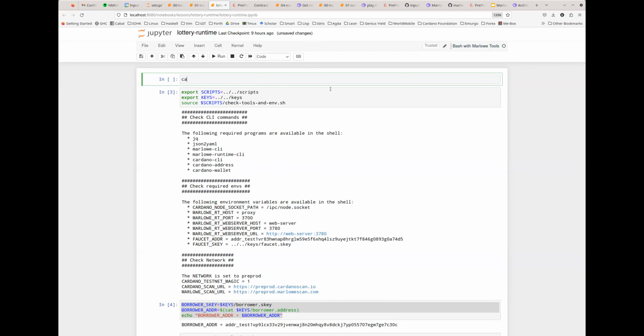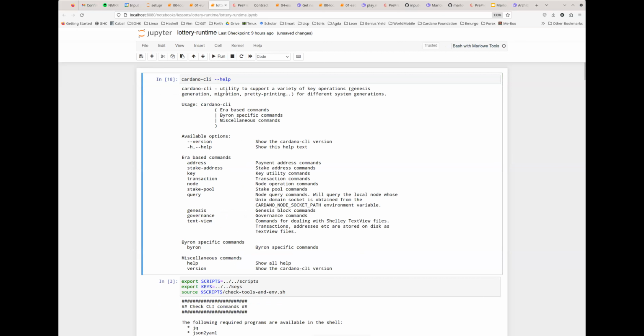I just wanted to say that this Cardano CLI, I'm a big fan of that. This is not Marlowe, that's Cardano. And as I said, in principle, more or less everything you can do on Cardano you can do with this command line tool. For example, we used this query, so you can query the blockchain, check how much funds are at certain addresses, but you can also build transactions.